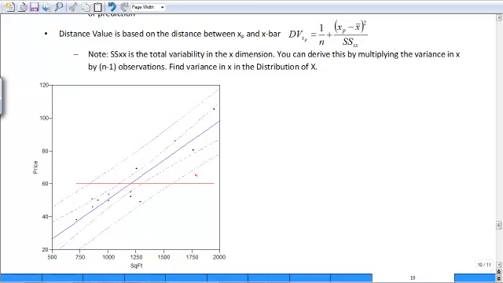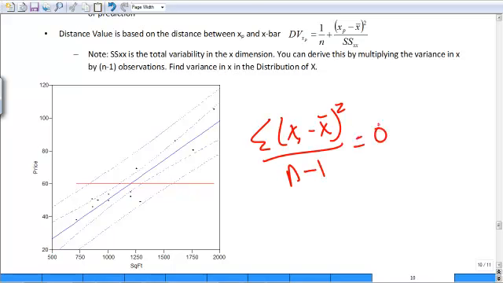For variance, we're taking x sub i minus x bar, we're squaring that, and we're adding them all together. That is SSXX. To get variance, we divide this by n minus 1. So if we have the variance of x, and we multiply that by n minus 1, we get SSXX.